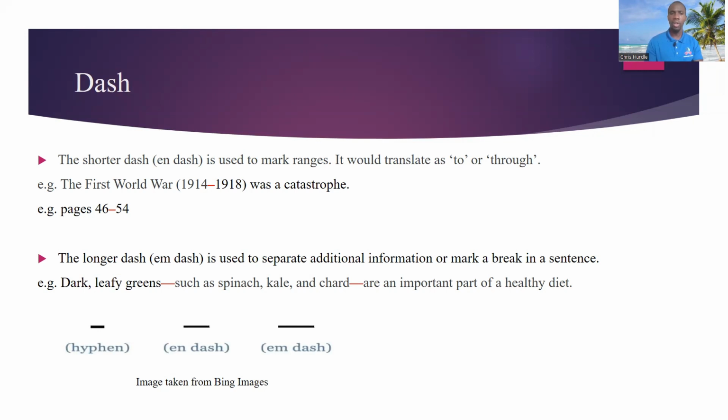On the other hand, the longer dash is called the em dash, and it is used to separate additional information or mark a break in a sentence. For example, dark leafy greens, dash, such as spinach, kale, and chard, are an important part of a healthy diet. So you see the dash is used to mark breaks within the sentence, right?